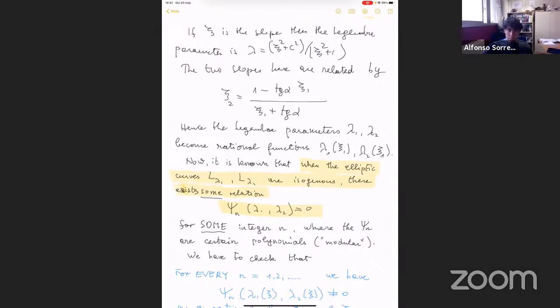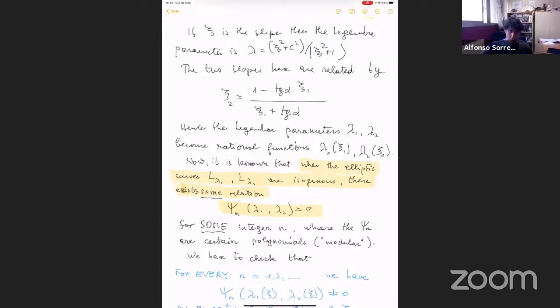And now we have 2 slopes, psi1 and psi2, and they are related by the formula that you see written. This formula corresponds to the fact that the angle between the 2 shots, the 2 directions, is fixed equal to alpha. So the usual formula for the addition of tangents gives the formula for psi2. So we have 2 Legendre parameters depending on the same slope.